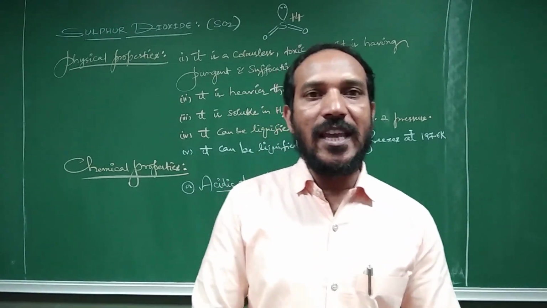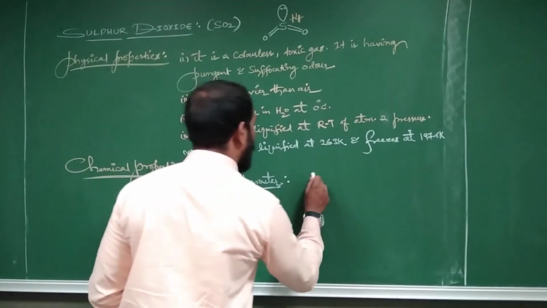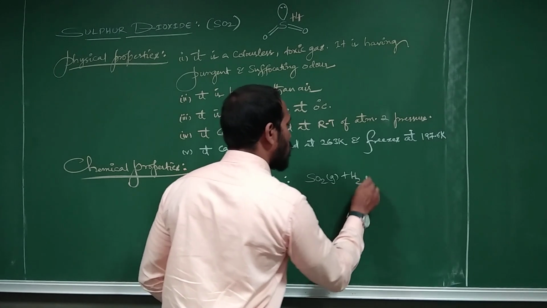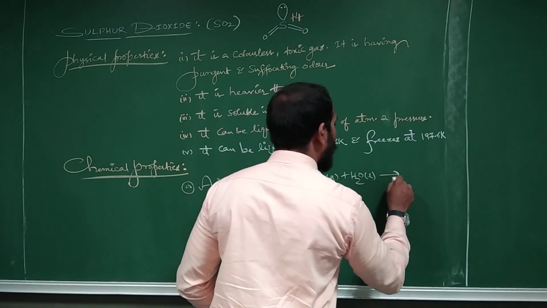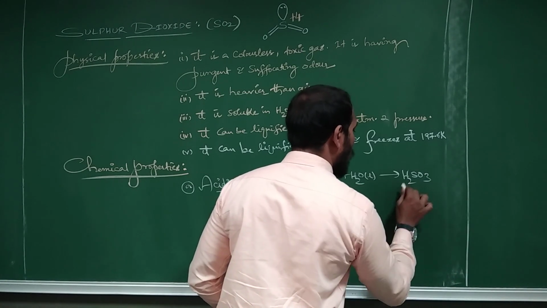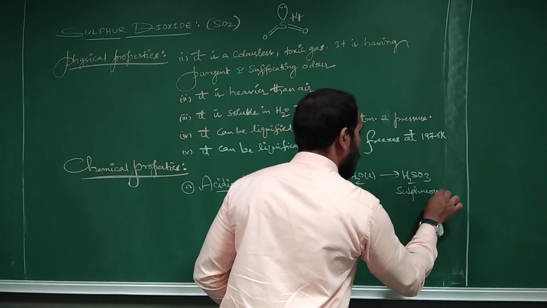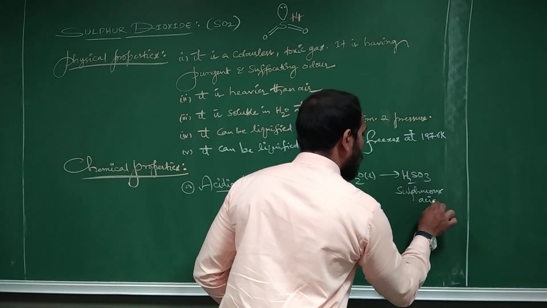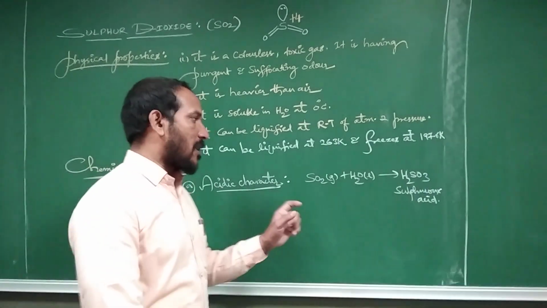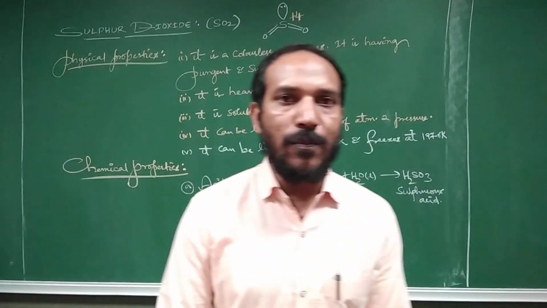So this clearly indicates that when sulfur dioxide gas dissolves in water, the solution will become acidic. That is H2SO3, known as sulfurous acid. So due to the formation of sulfurous acid, I can say that it has acidic nature or acidic property.